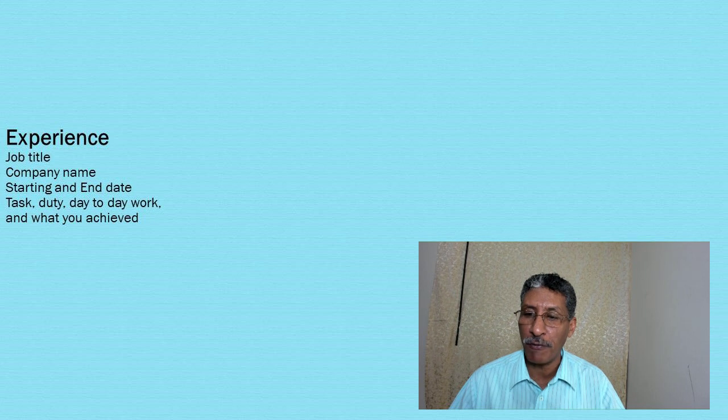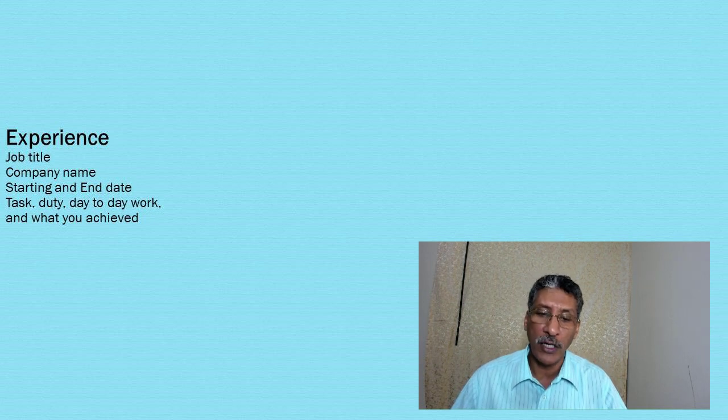If you have more than 4 experiences, just put them in one line each. You don't need to write all the data about all your experience and make your CV very big if you are working in the same field. Just the last 3 or 4 companies that you worked for will be much better than putting all the 12 or 13 experiences that you have. That means you are shifting from company to company, and that doesn't look good.